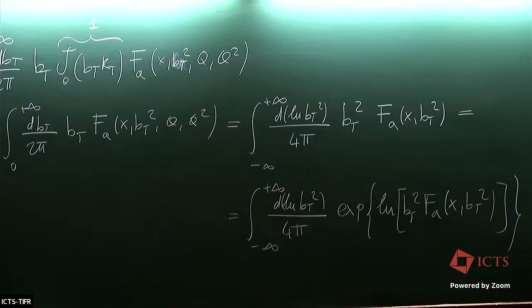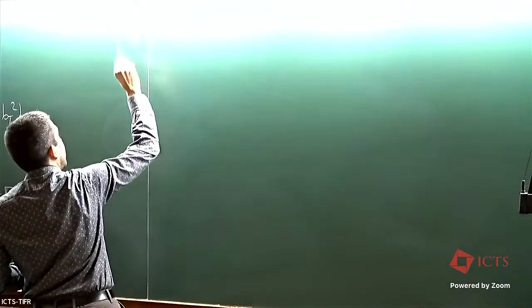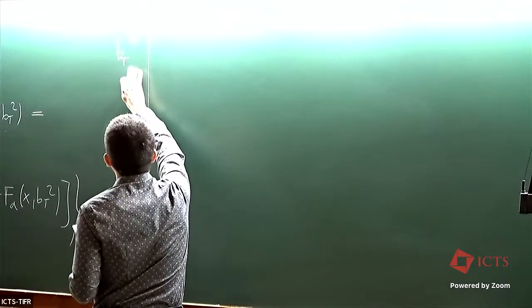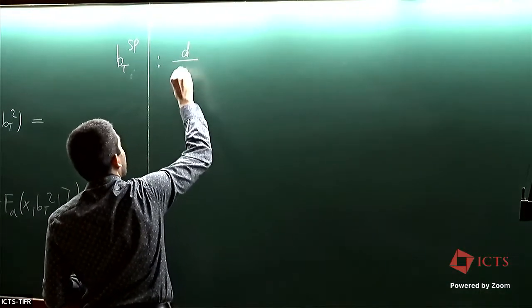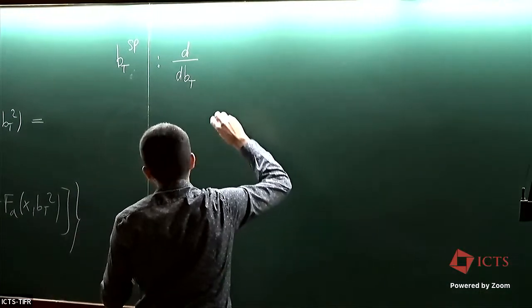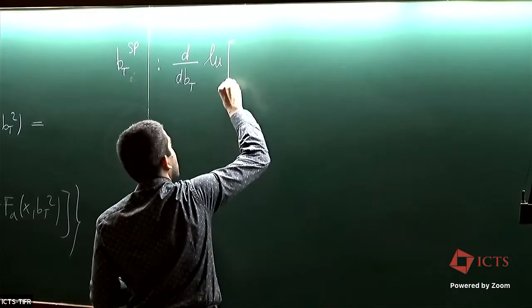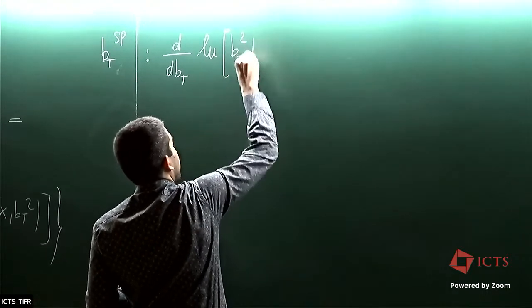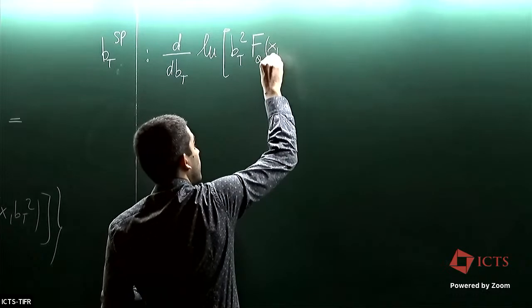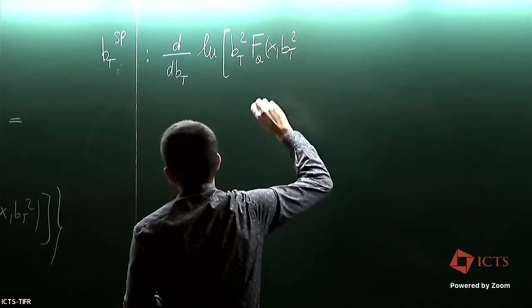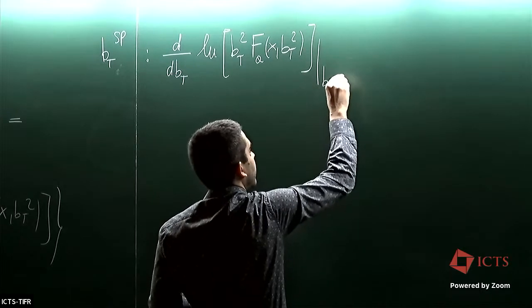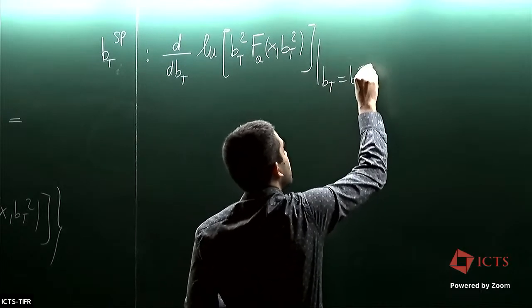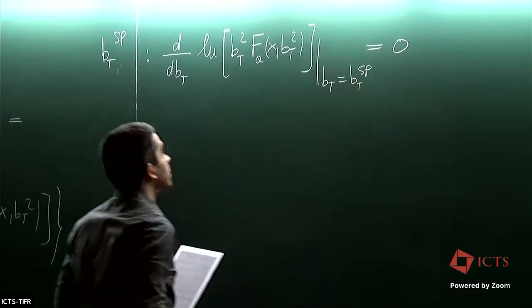So you have to find the value of BT that I call BT saddle point, such that the derivative with respect to BT of the log of BT square times your TMD in BT space, evaluated at BT equal BT saddle point, is equal to 0.